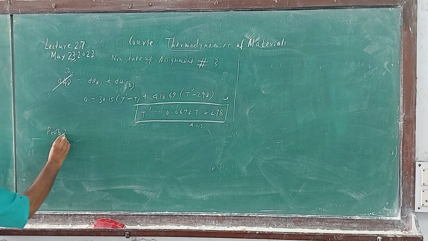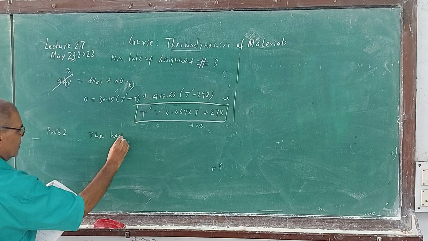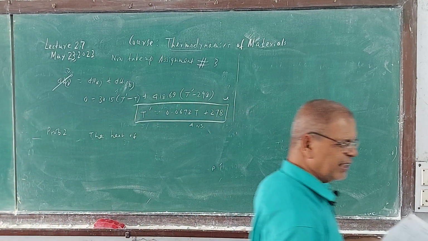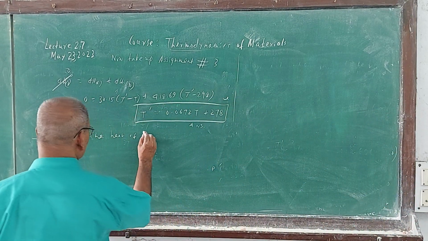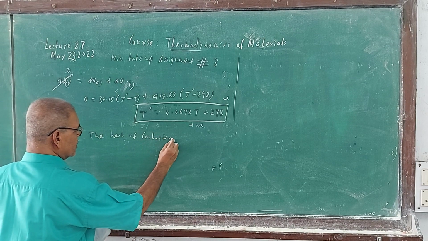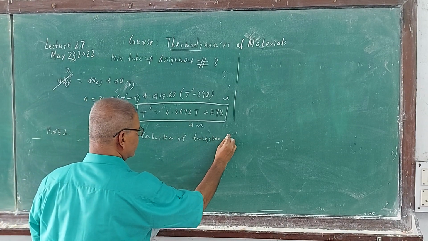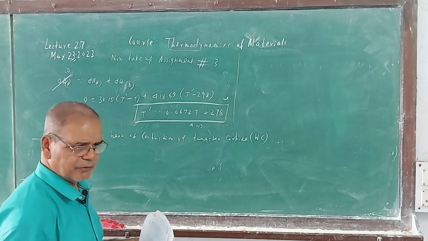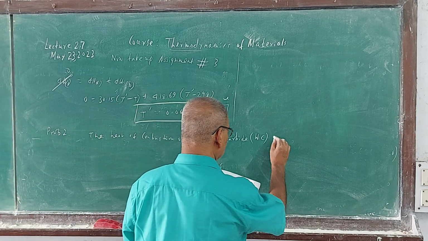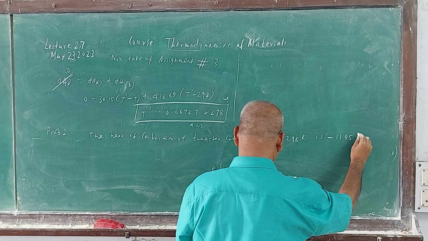Problem 2 is the easiest. Let me write that problem quickly. The heat of combustion of tungsten carbide, a very hard, wear resistant material of metallurgical importance, at 298 K is minus 11985 kilojoule per mole.